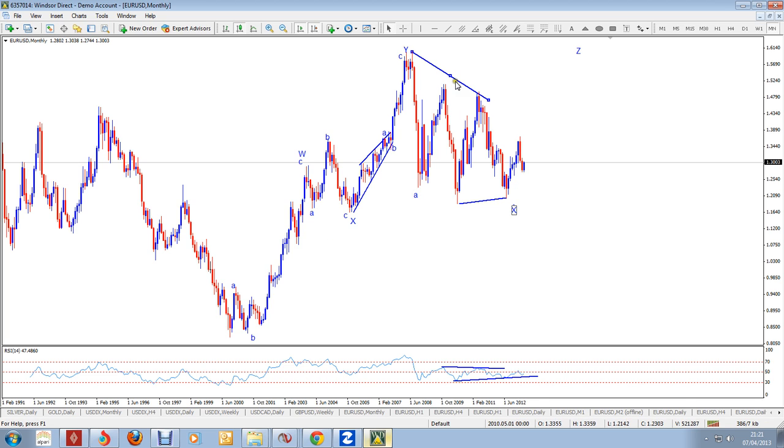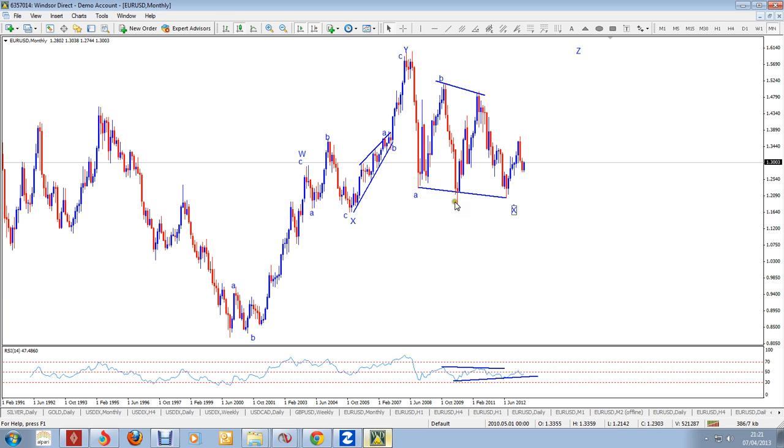Then we've got A, B and C back up. So really this one, to be technical, is even more like that, and I would cross it like this. So we've got A, B, that has 3 legs in them.